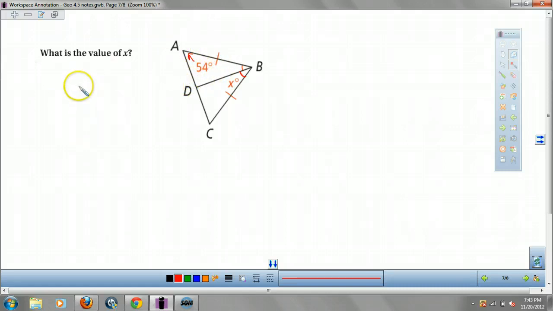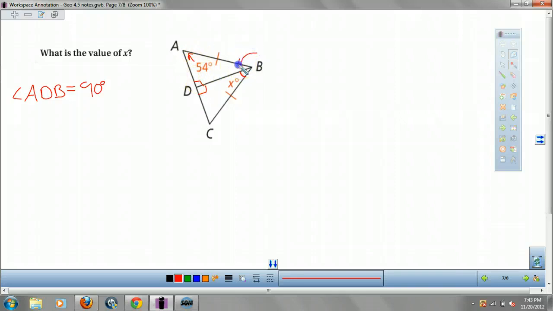So first thing I'm going to have to notice is, well, angle ADB is going to equal 90 degrees. How do I know it? This is an angle bisector, so it means that these are going to be right angles, right? Okay. So that's 54 degrees and that's 90.